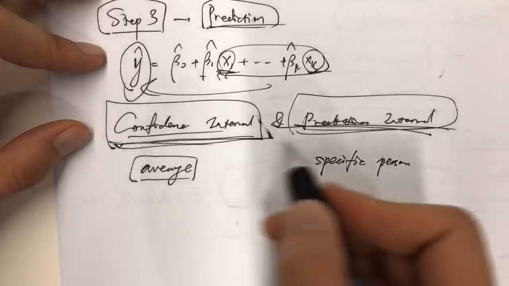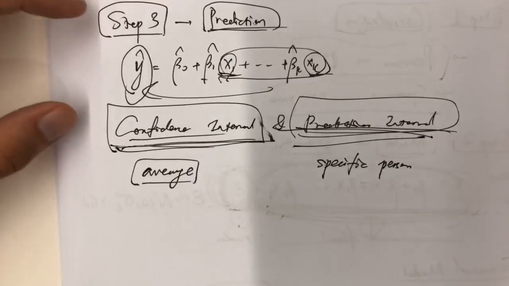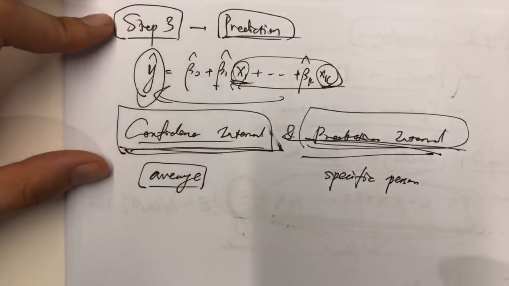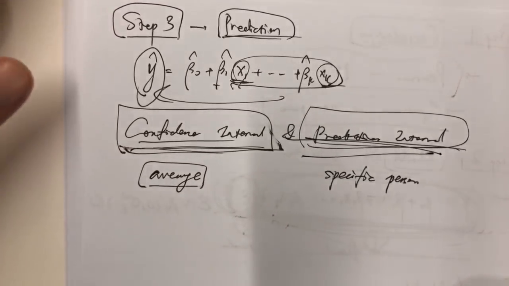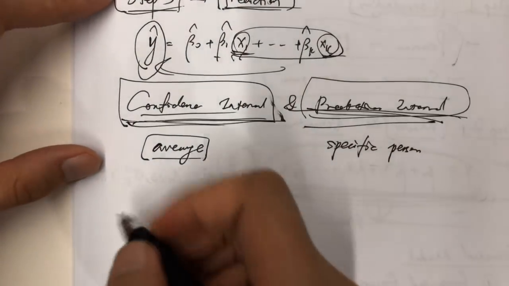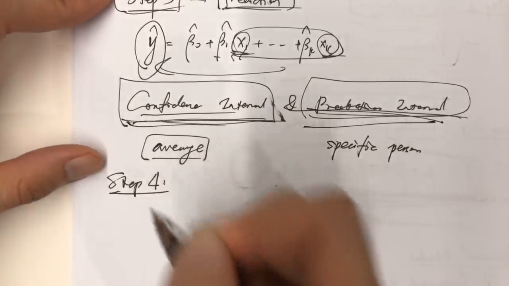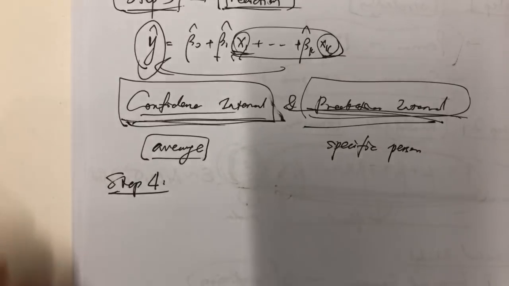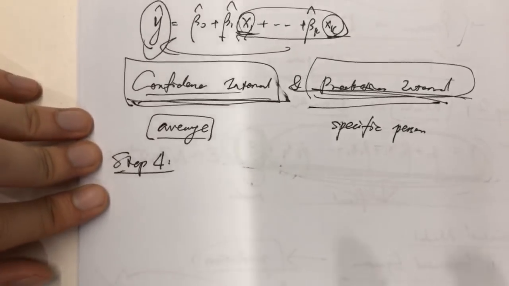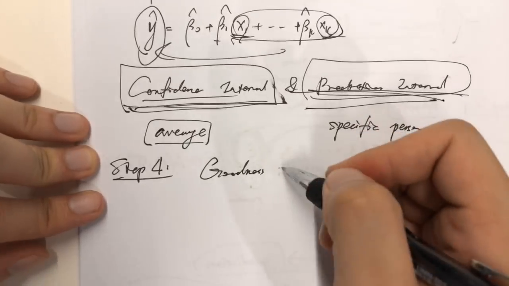Okay, so that should be the difference between the confidence interval and prediction interval. You probably have done that in your major assignment as well, so I don't want to spend too much time on that. Now, the most important thing is step 4. Basically, step 4 is about testing the goodness of the model, right? How good the model is.